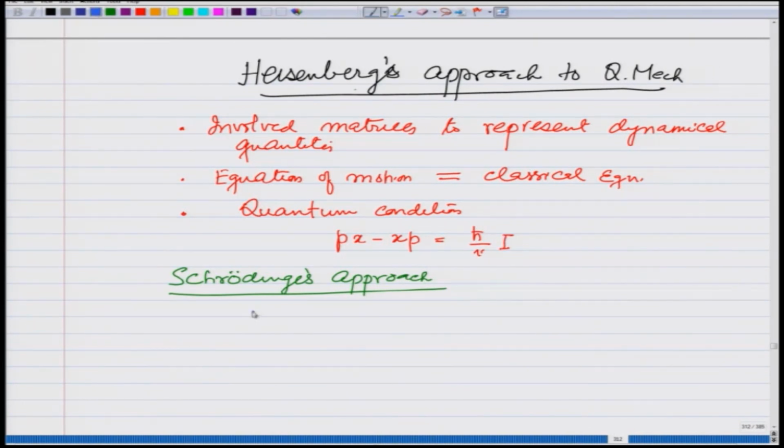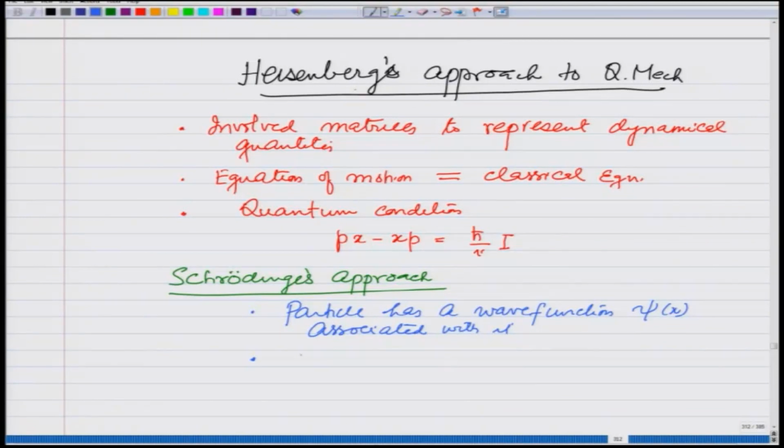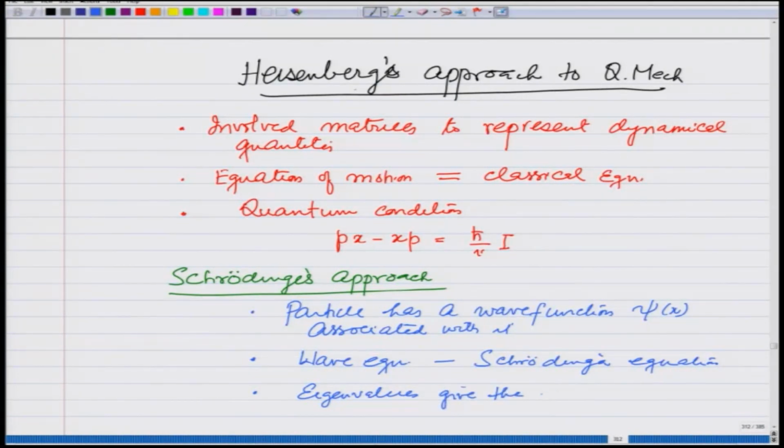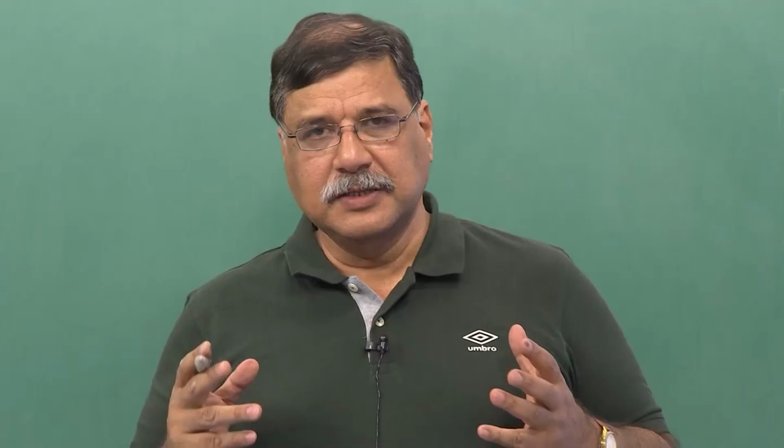What happens in this approach is that, number 1, the particle has a wave function psi x associated with it; number 2, there is a wave equation known as the Schrodinger equation; and 3, the eigenvalues determined by the boundary condition give the energies.